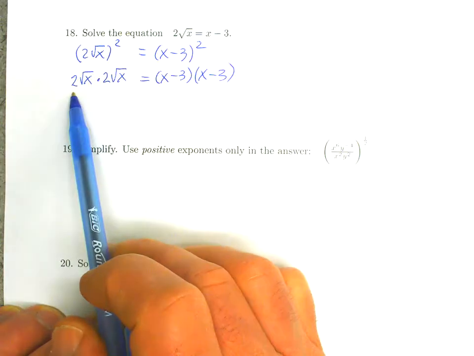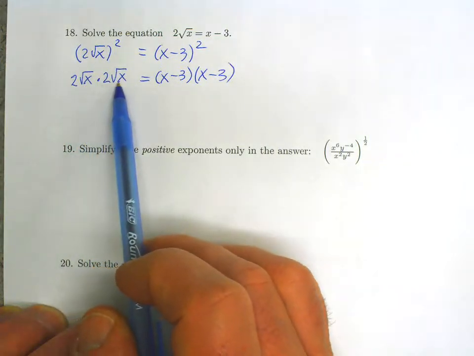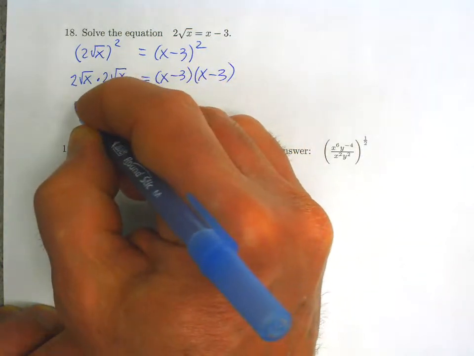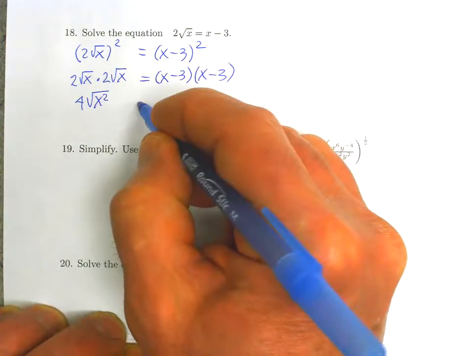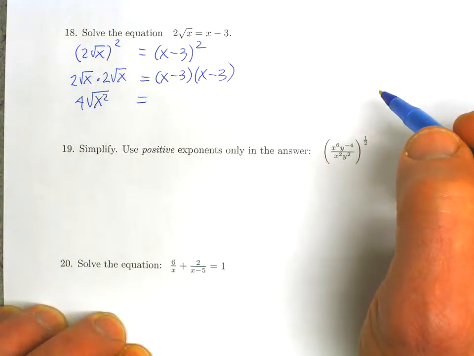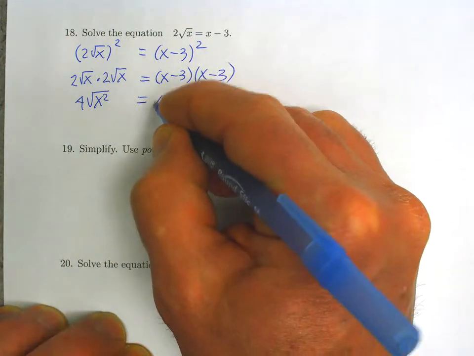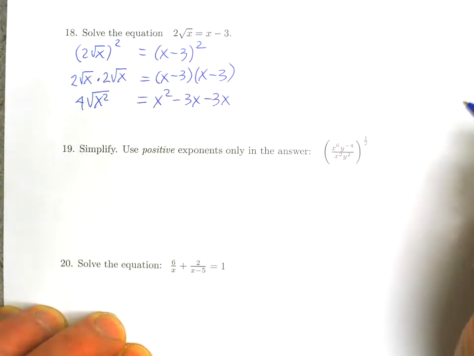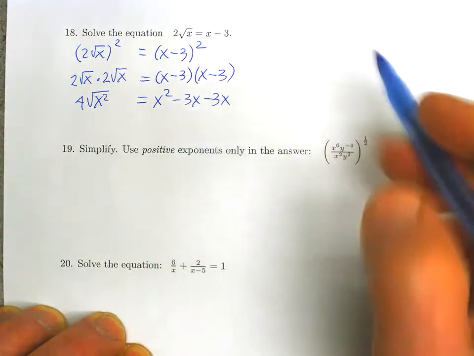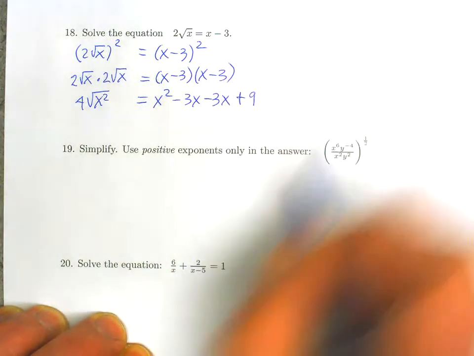Okay, so 2 times the square root of x times 2 times the square root of x is 4 times the square root of x squared. On the right-hand side, x minus 3 times x minus 3: x squared minus 3x minus 3x a second time, and then negative 3 times negative 3 is positive 9.